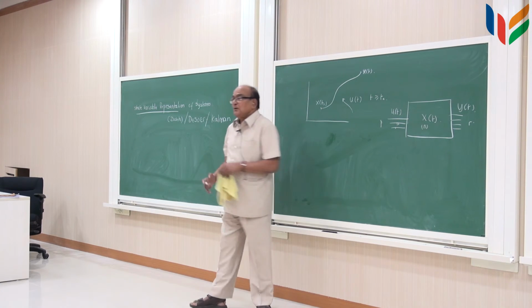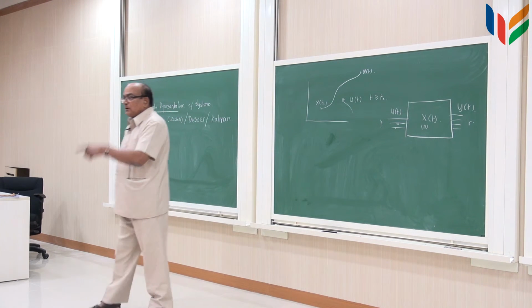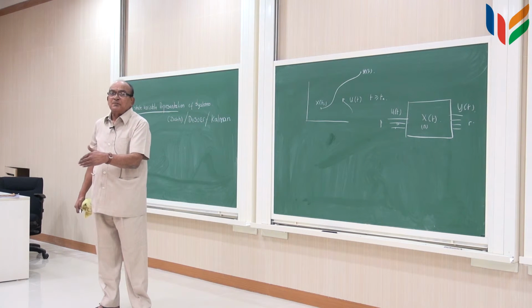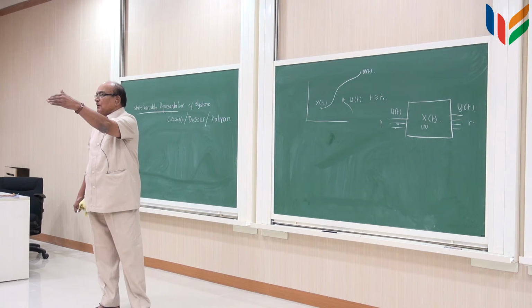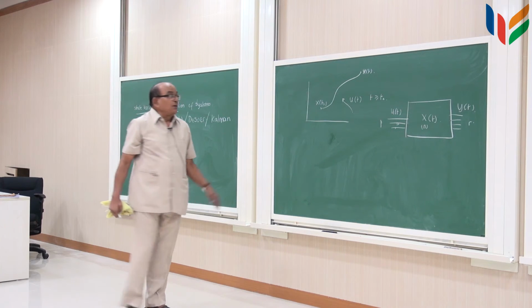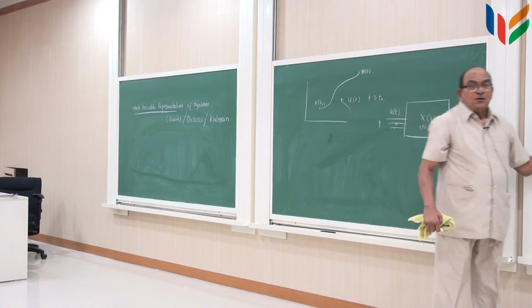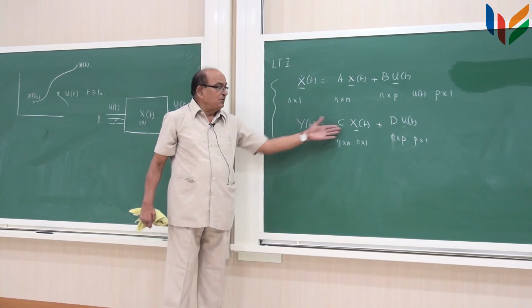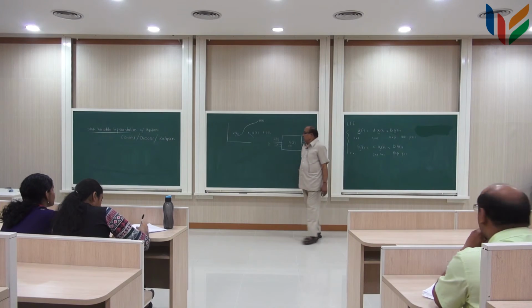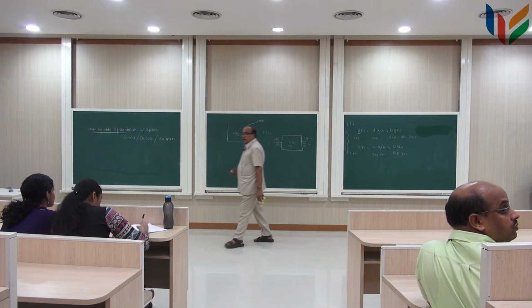So, the important thing is knowing the initial state and the inputs from the initial time to whatever time you want. Then I will be able to find x(t). Once I know x(t), I can find any y(t) by using this relationship. So, this is the state representation.